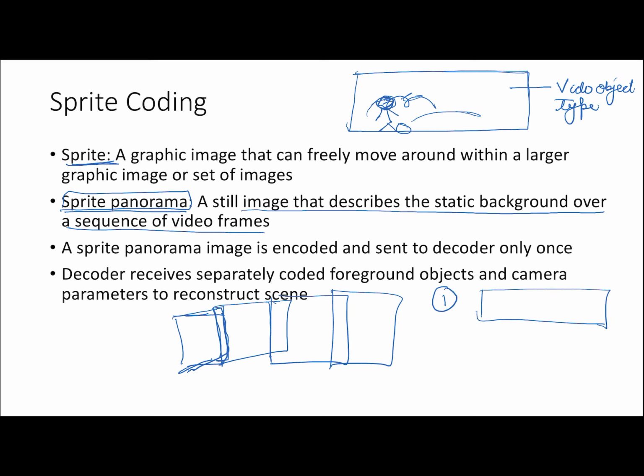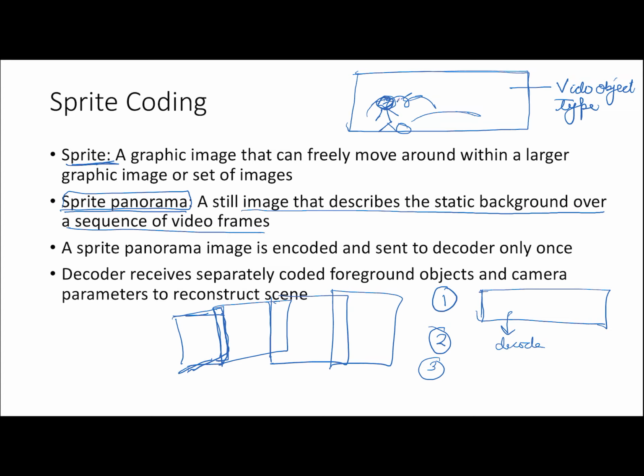So first we will send this sprite panoramic image, which is obtained by stitching images by applying warping or projective transformation. At the beginning of the video sequence, this image will be encoded and sent to the decoder.